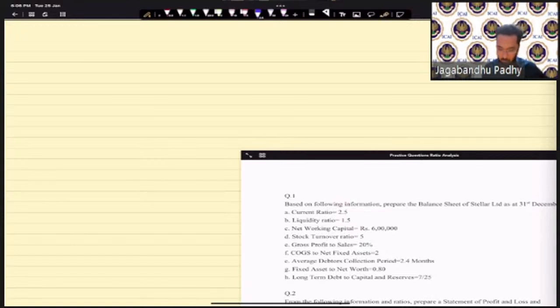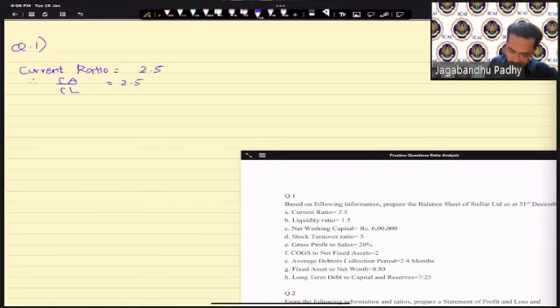Let's go ahead with the first question. We have been given the information about the current ratio. Current ratio is 2.5. Therefore, current asset upon current liability is 2.5, which means current asset is 2.5 times the current liability.